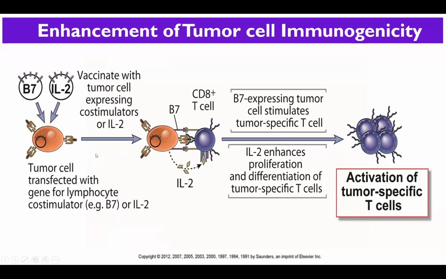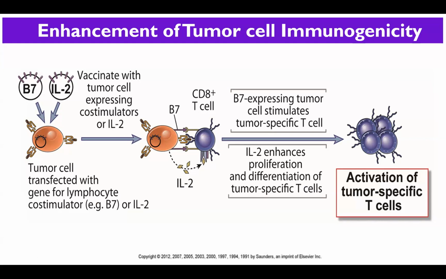The other strategy that was derived from there was, how about if we take the cancer cell itself, because we know that it is poor at antigen presentation, there is a lack of co-stimulatory molecules and so forth. So they transfect the tumor cell with the co-stimulatory molecule B7, and they also include a plasmid that is expressing interleukin-2, okay?